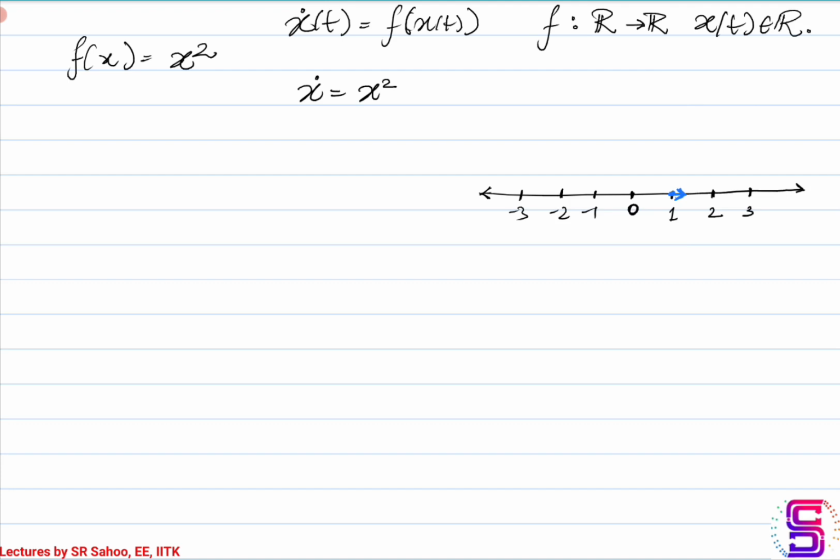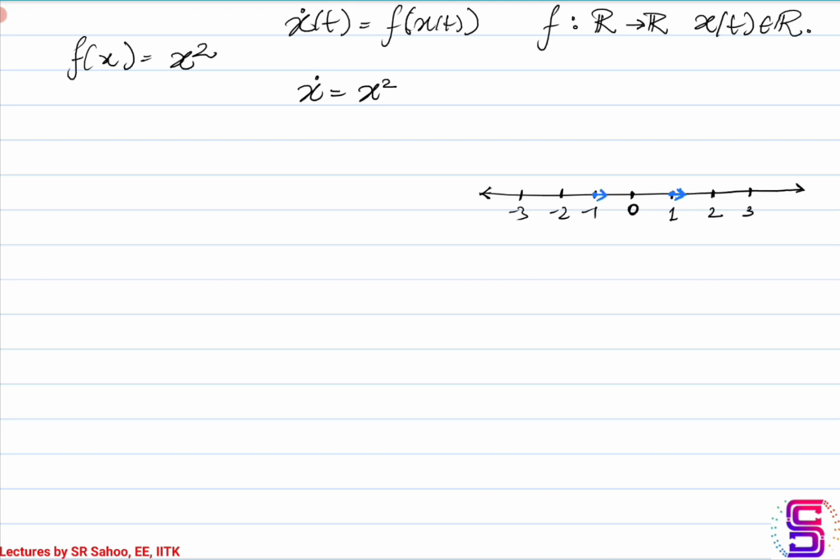So this is 1. You start at x equal to -1. In this case, x dot is still 1, which means it will start at -1, and this will be the vector that you have associated at -1.